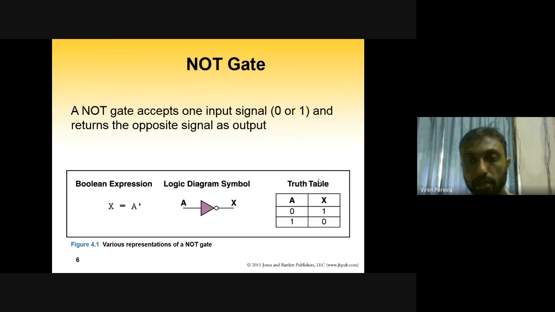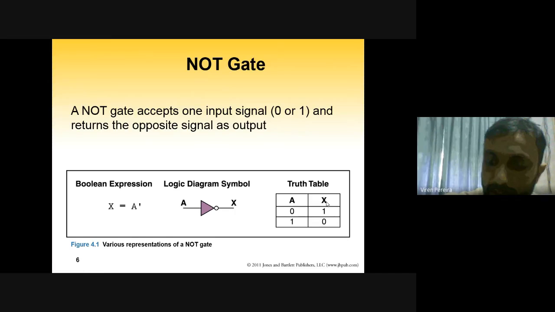That means if I wrote A as input here, I cannot take the output as A. It would be X, Y, Z, or any other character. Right, we'll go to the next. Till here, everyone is clear?